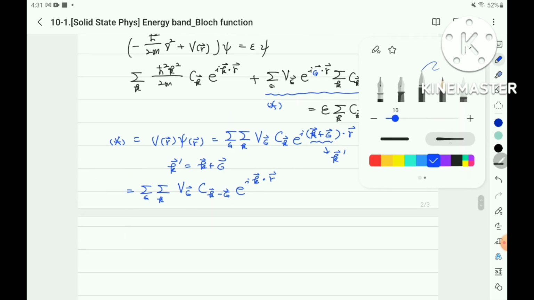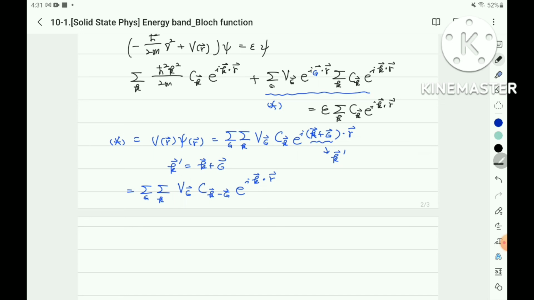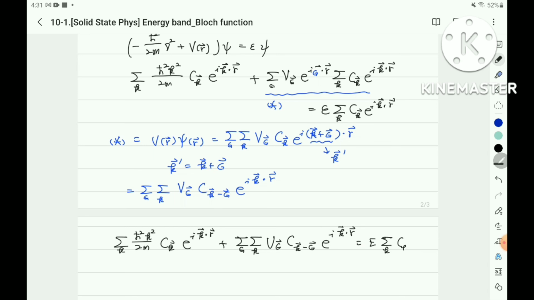Therefore, when we substitute this equation into the original equation, we get the summation over k of h bar squared k squared over 2m, c_k exponential i k dot r, plus this potential term, which becomes like a reciprocal lattice vector and wave vector, V_G c_(k minus G) exponential i k dot r, equal to energy times the summation over k of c_k exponential i k dot r.